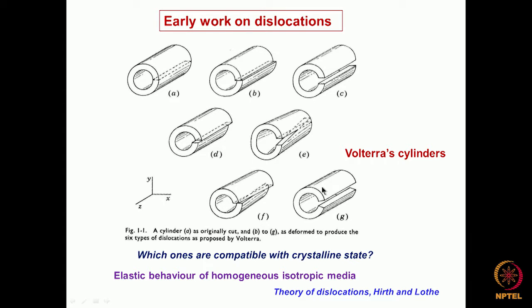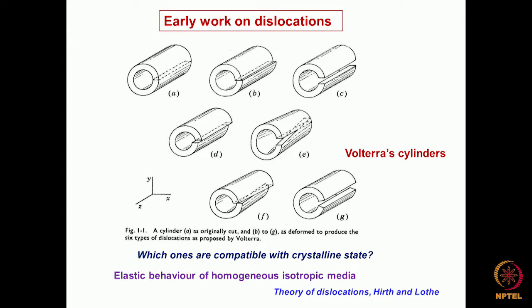Are we doing these intentionally? No, you just listen to me. Then this is another one, where a wedge shape can be created, where the wedge is pulled in. This is one way. The other way is where a shift is also given, not just pulling. These are the only modes in which you can create a defect in a material.